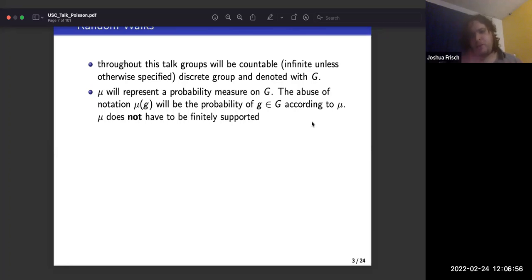So you can think about this as the integers, and mu might be 50% going left by 1, 50% going right by 1. In general, at least in the beginning of the talk, I will not assume that mu has to be finitely supported, but I will emphasize that finitely supported is often considered the most interesting and most important case for what we're talking about here. In fact, finitely supported symmetric, moreover, is the most important criterion to think about.